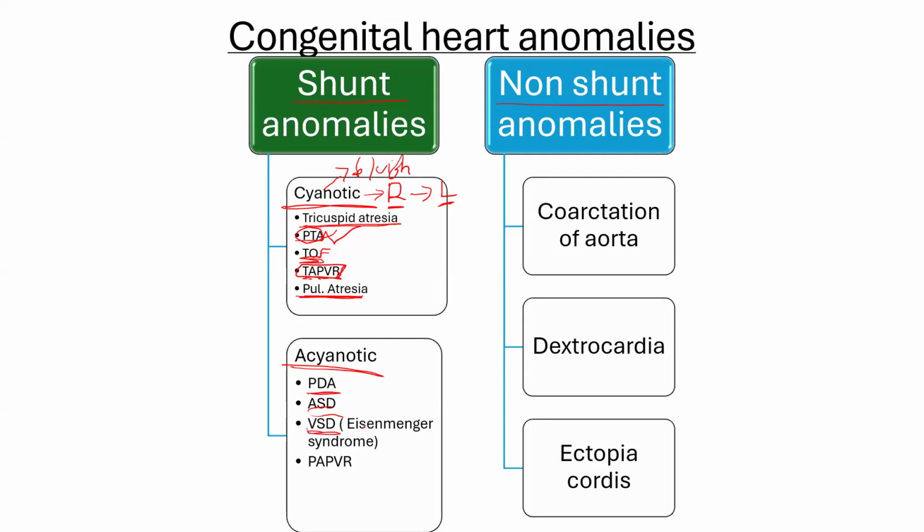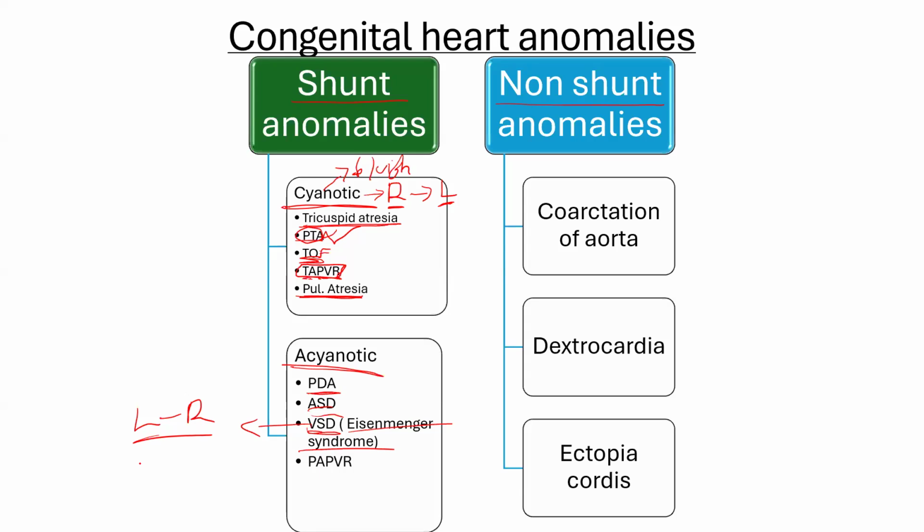Now, for VSDs, I want to talk about Eisenmenger syndrome. In VSD, initially it is acyanotic. Remember, if you have an opening in the interventricular septum, the pressures on the left side are always higher than those on the right. So initially a VSD will have a left-to-right shunt, and this is acyanotic. But with time, due to blood accumulating in the right ventricle, it will adapt to this volume overload and become hypertrophic.